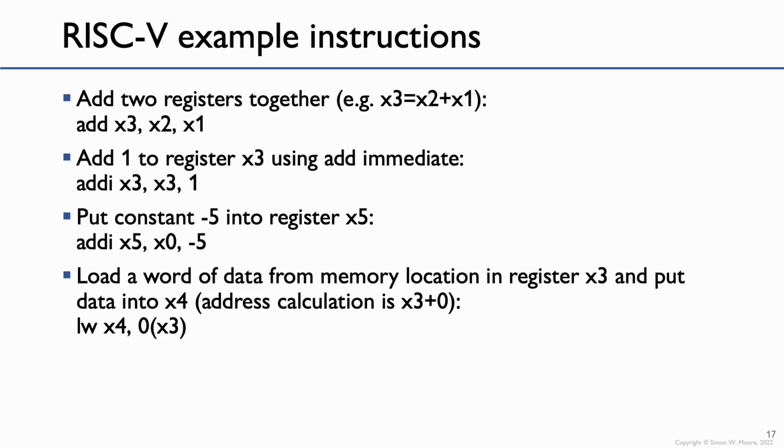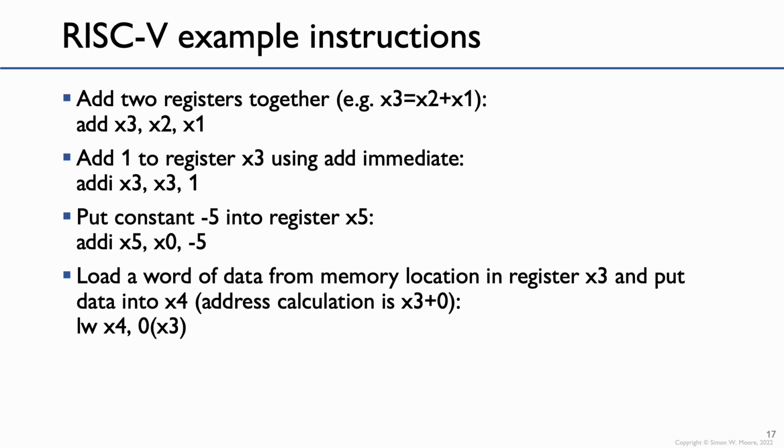If we want to load a word from memory at a particular location, then RISC-V just provides one very simple addressing mode, and the addressing mode is basically what address calculations you can do before you actually do the load operation.